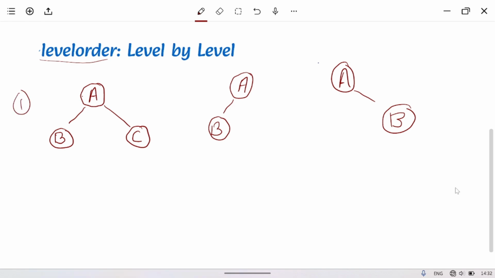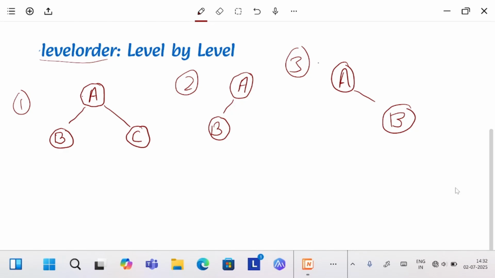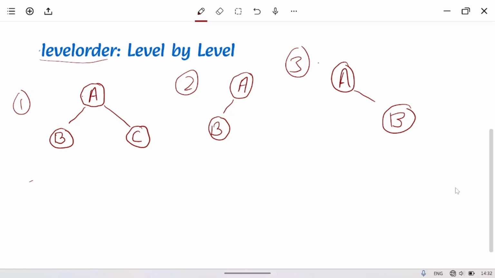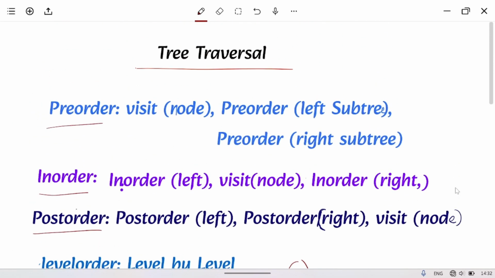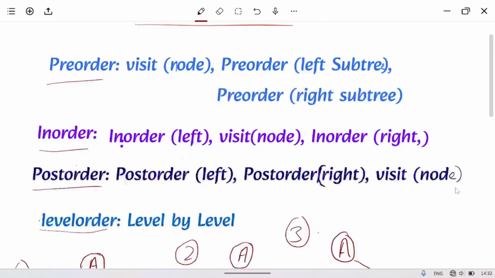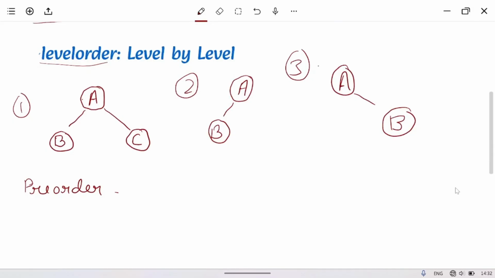What have we studied? In pre-order traversal, first visit the node, which means the root.